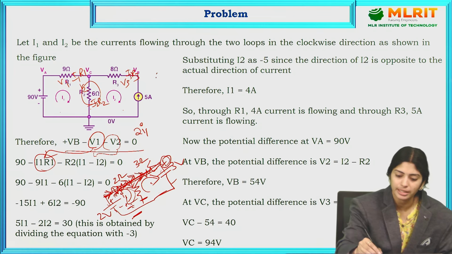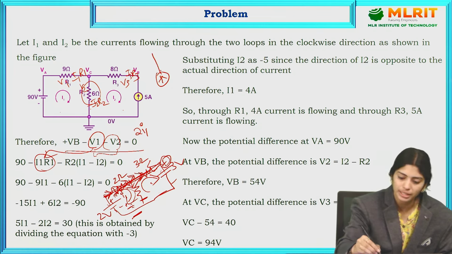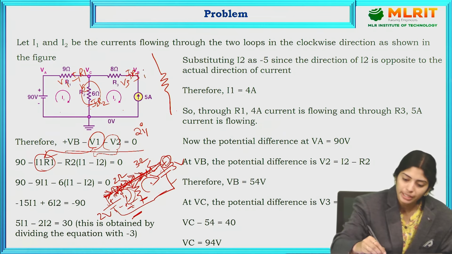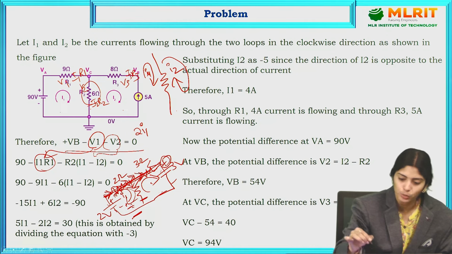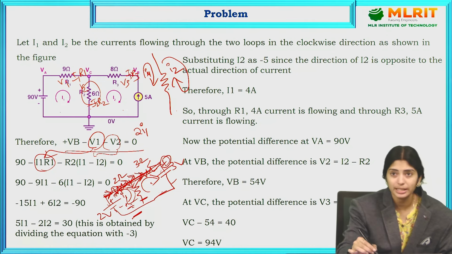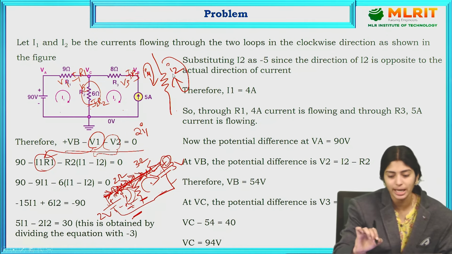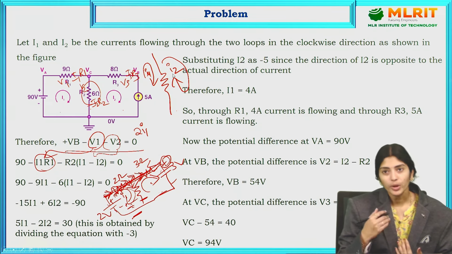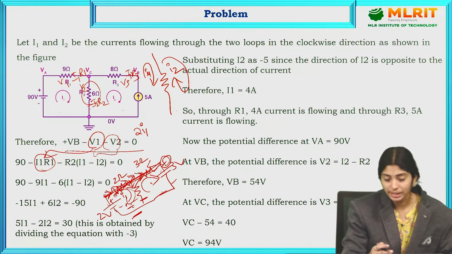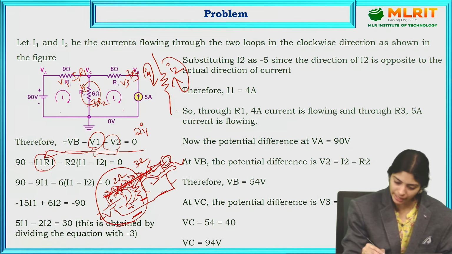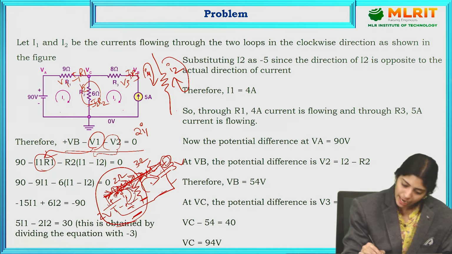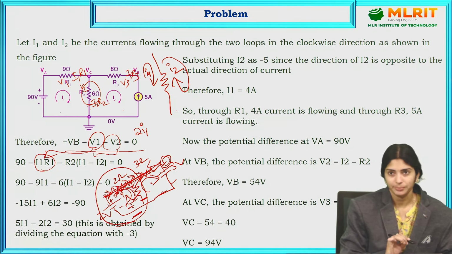Means see here, let us suppose this is okay. So here one direction of current is coming I1. Here one direction of current is coming I2. This resistor is having I1 as well as I2. But how we have to consider, means if I am considering the first loop, from here to here only, then I1 value will be positive, right?